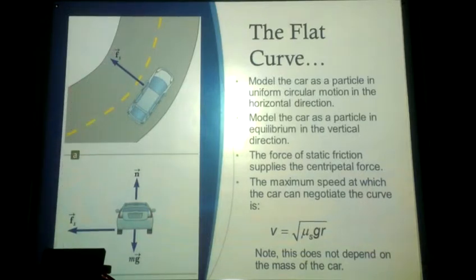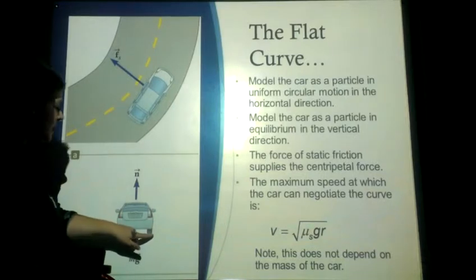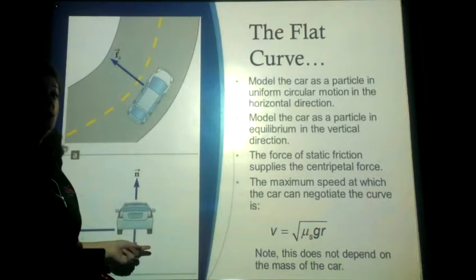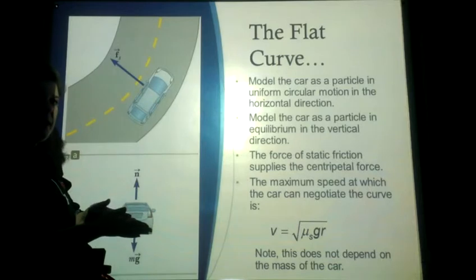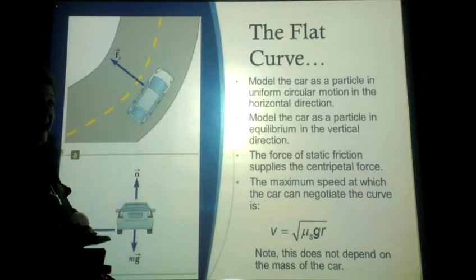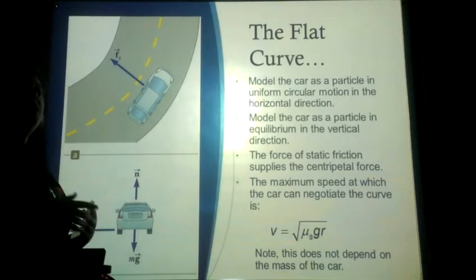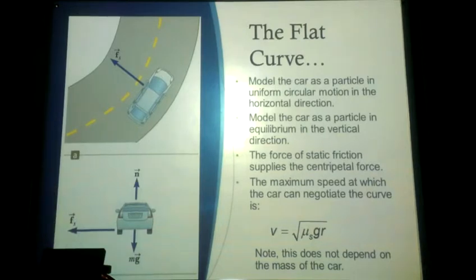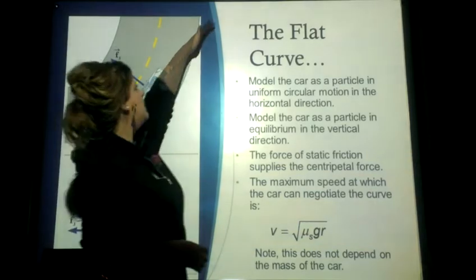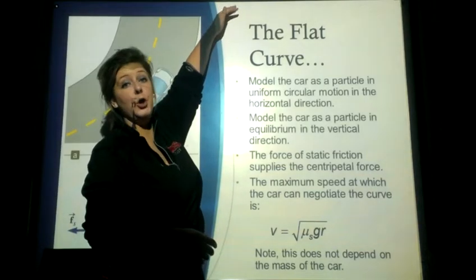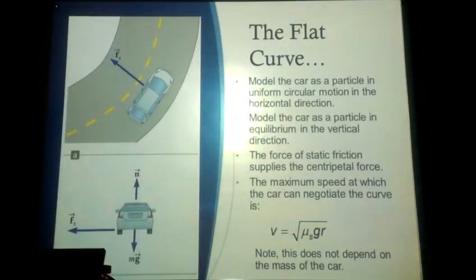The reason that this is static friction is because there's no slipping occurring at the point of contact between the road and the tires. If there were slipping, it would be considered kinetic friction, okay? So if the static friction here were 0, then the car is going to continue to just go straight off of that flat curve, and then it would crash off of the road.